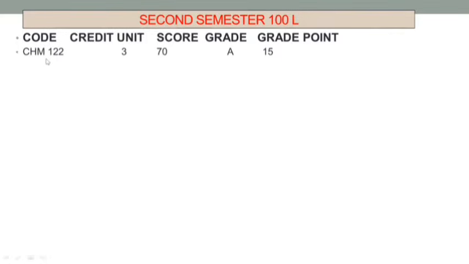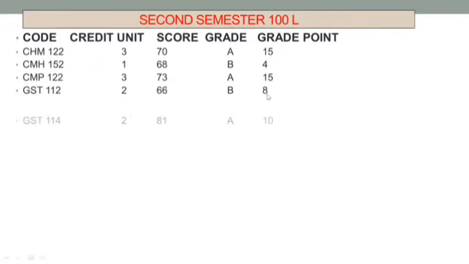The point earned is 15, very high. Another course, 1 credit unit, score 68, which is B. The point earned is 4. Another course, 3 units, 73, the grade is A, the point earned is 15. Another one, 2 units, 66, B, 8 points. Another course, 2 units, the score is 81.